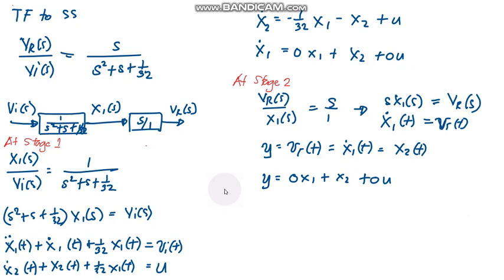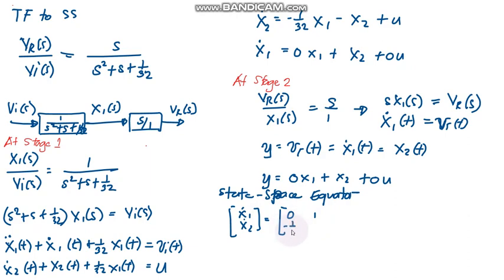So our state space equation in vector matrix form could be written as x1 dot, x2 dot is equal to 0, 1, negative 1 over 32, negative 1, times x1, x2, plus 0, 1, u.